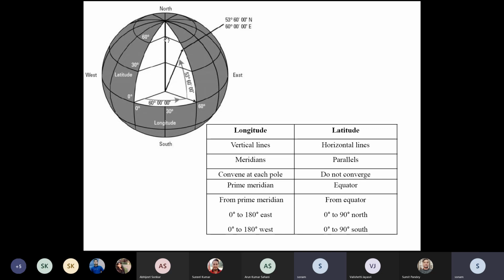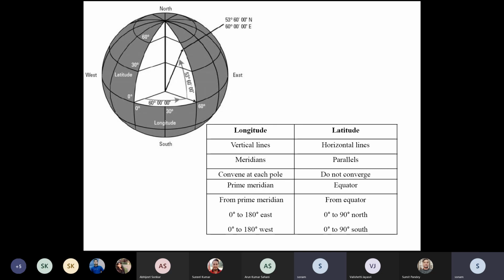Now we need to measure the angle between these two planes. Where is it measured? The angle is not uniform at all places, because these lines are not parallel. They converge at the polar region and are at maximum separation at the equatorial plane. Therefore, we measure it in the plane of the equator, and it is the horizontal angle. As you can see in this figure, 60 degrees, 0 minutes, 0 seconds.